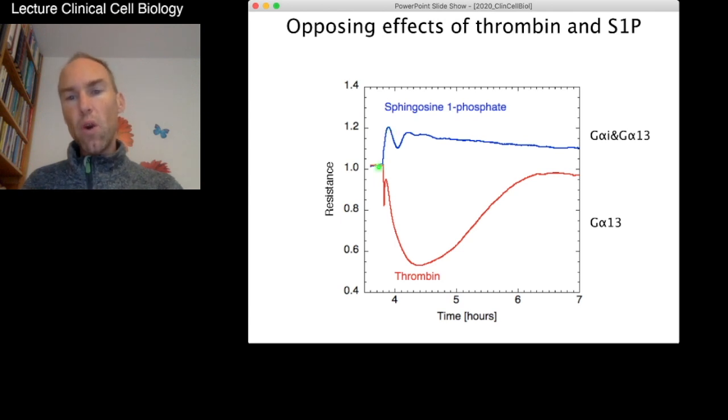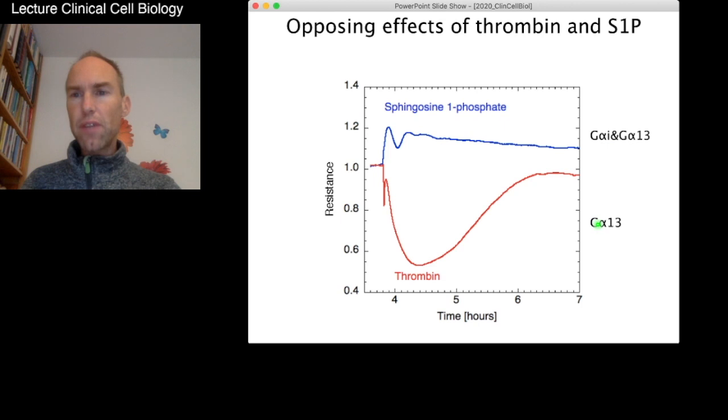Now we know, and we have seen, that thrombin activates G-alpha 13. On the other hand, our G protein probes have shown that sphingosine 1-phosphate activates G-alpha I and G-alpha 13. So the question, what is going on here? It looks like this G-alpha I has some kind of opposite effect to G-alpha 13.